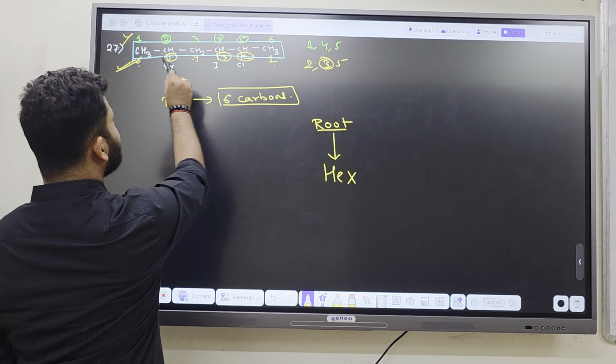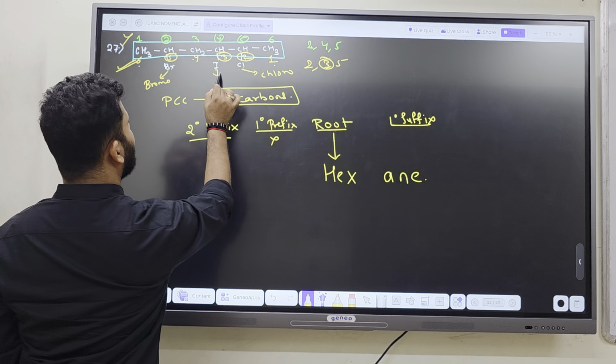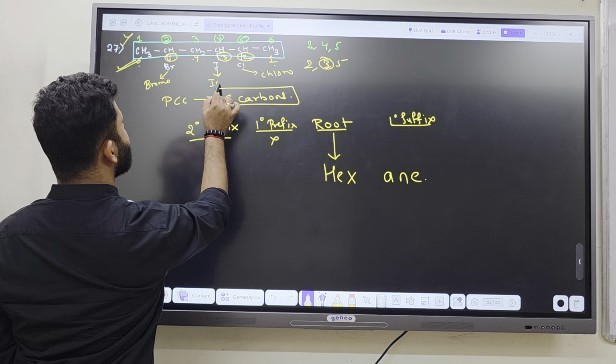The secondary prefix contains all the substituents. How many substituents are there, sir? 3, sir. Bromo, iodo, chloro, along with the numbers. So we'll say at second position there is chloro, at third position there is iodo, and at fifth position there is bromo. So this guy, bromo, alphabetically comes before chloro and then iodo. So when writing the secondary prefix, you have to write the prefixes along with the locants. For example, when I will write bromo, I will not simply write bromo.